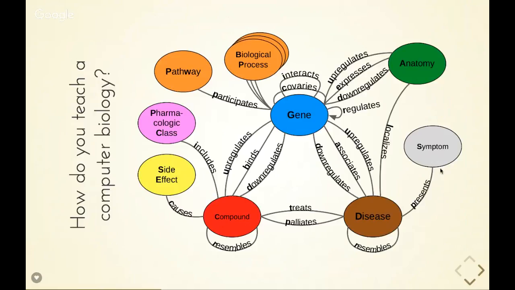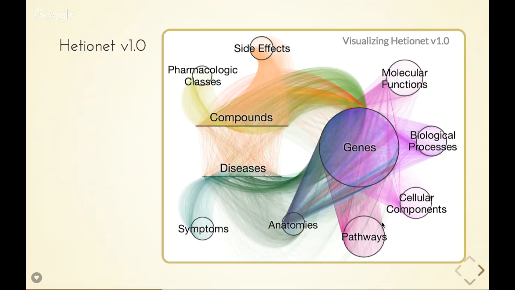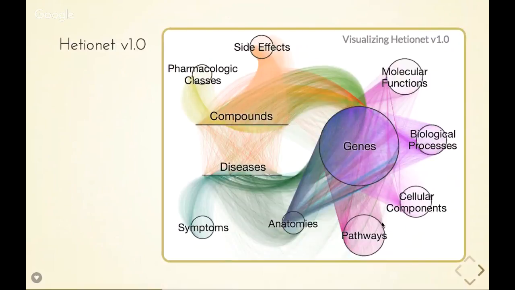Same with the symptoms of a disease. So what these heterogeneous networks allow you to do is really connect information on a lot of different scales and put a lot of diverse types of knowledge together. We call it a hetnet, short for heterogeneous network, whenever you have a network where the nodes and relationships have types and more than one type. Here's a bird's eye view.